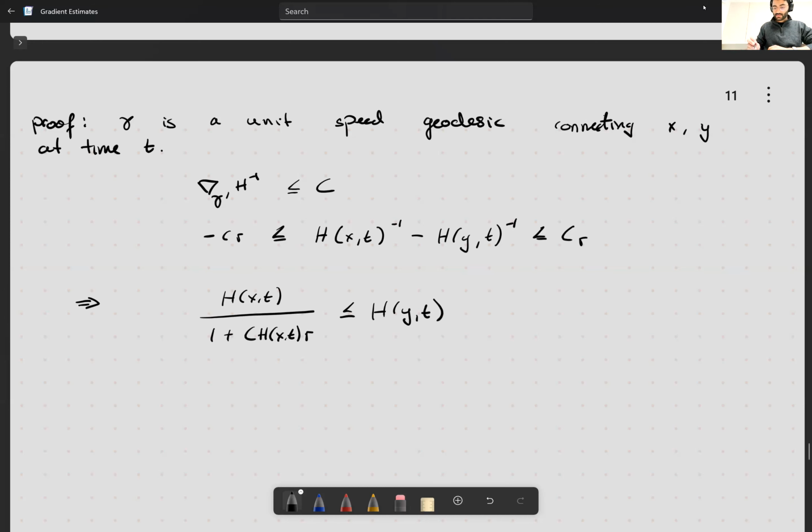The same thing on the other side gives H(x,t) divided by 1 minus C H(x,t) r.